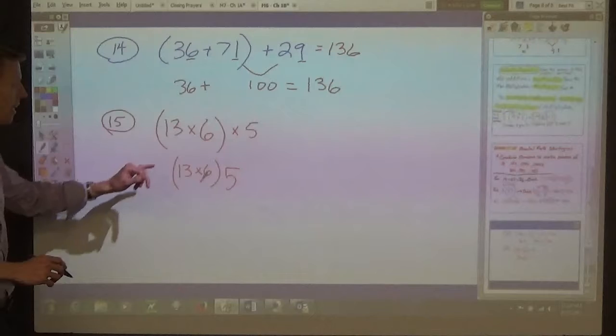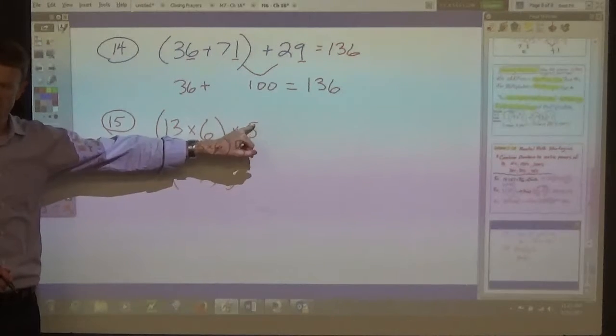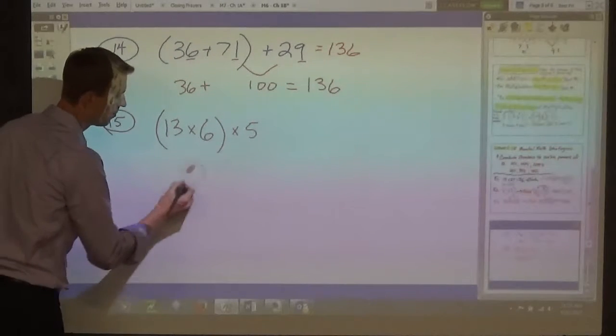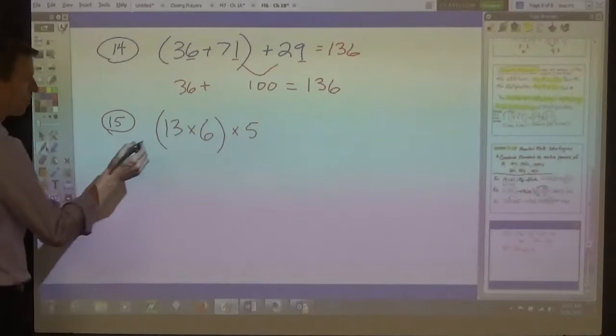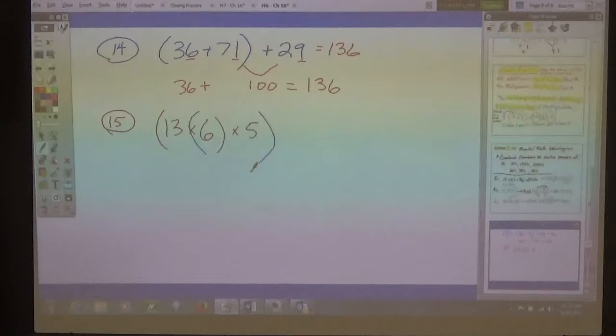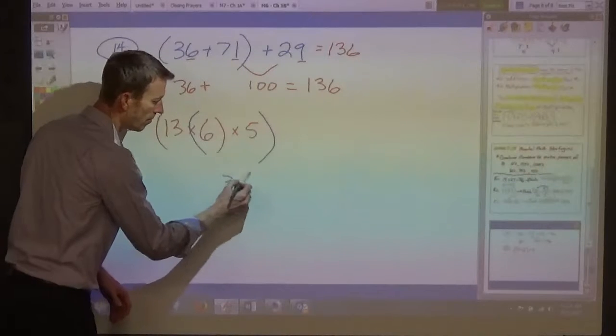So yeah, in this case, what we can do is change what we do first again. Can we move the parentheses and do that first? Yeah. And then that makes 30.